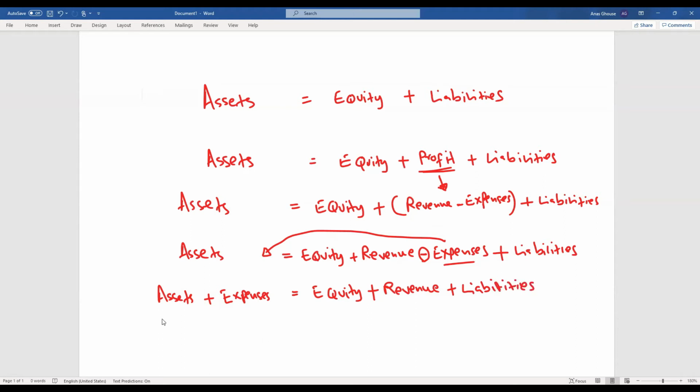Okay, so this is the simplified version of the accounting equation.